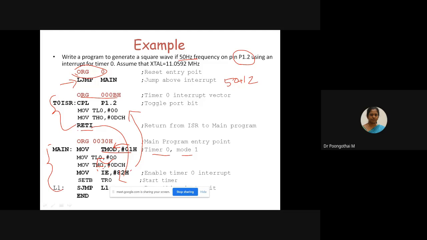Next we have to find the value of the IE register. Here we are going to enable timer 0. For that, first the global bit must be 1, the remaining three will be 0, and next 0, 0, 0, 1, 0. This 1 represents your ET0.